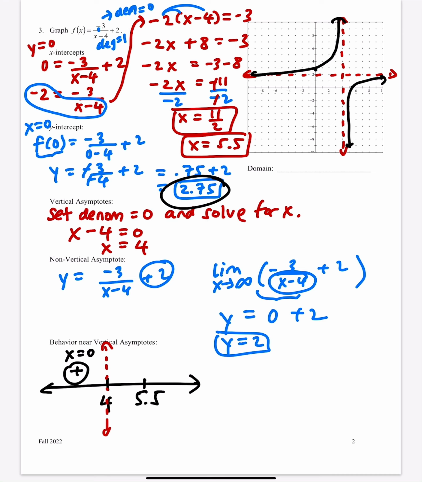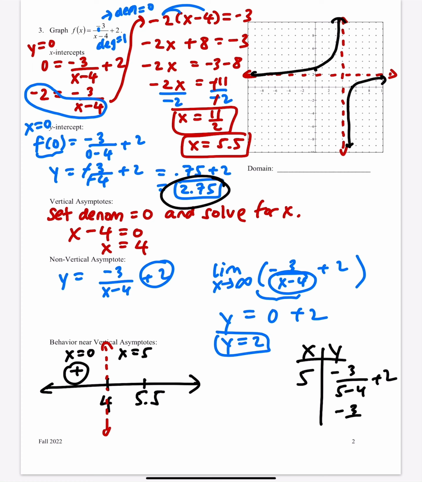If we pick a number immediately to the right of 4, but less than 5.5, for instance, if I plug in 5, right? If we were to make a table of values and we plug in 5, we have negative 3 over 5 minus 4 plus 2. Well, 5 minus 4, guys, is 1.